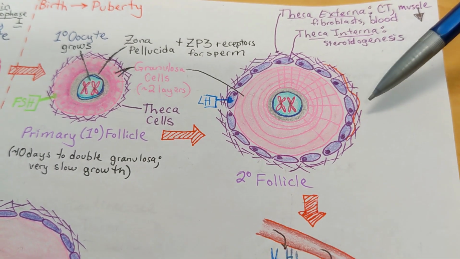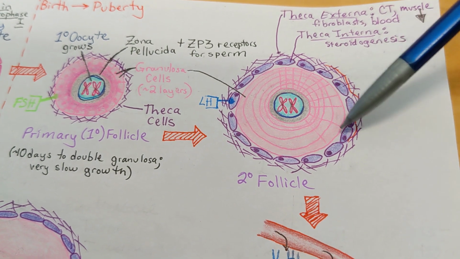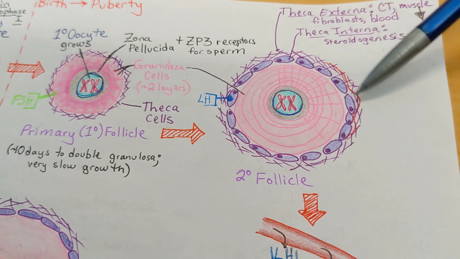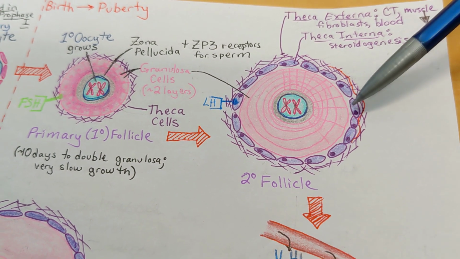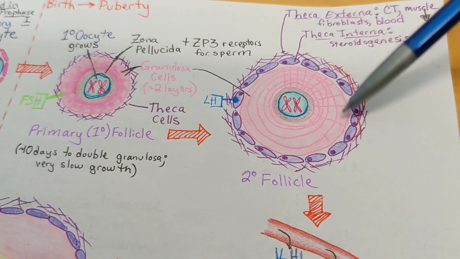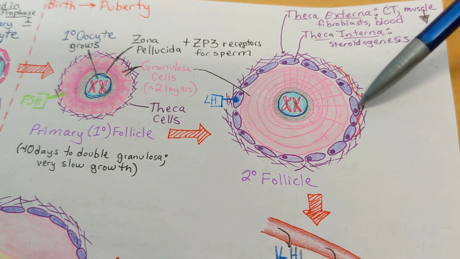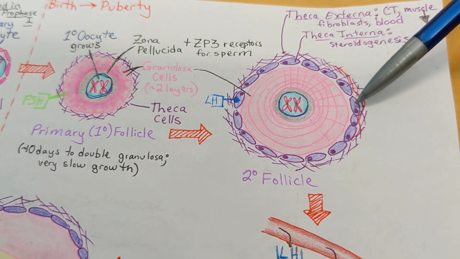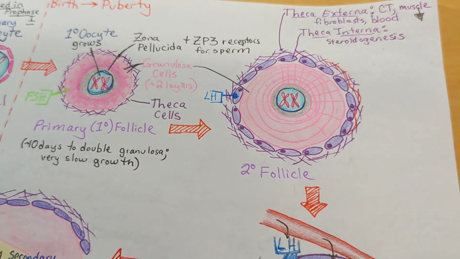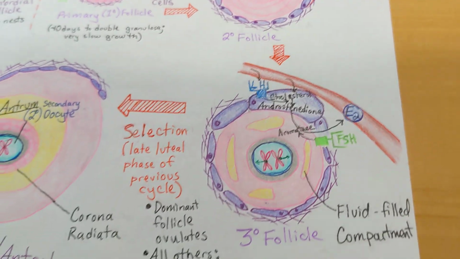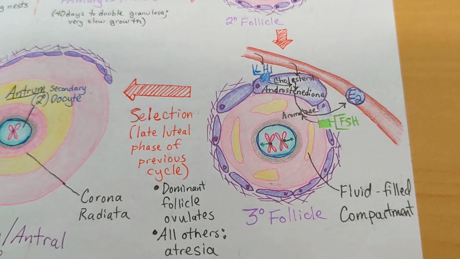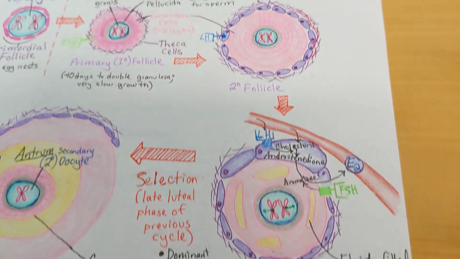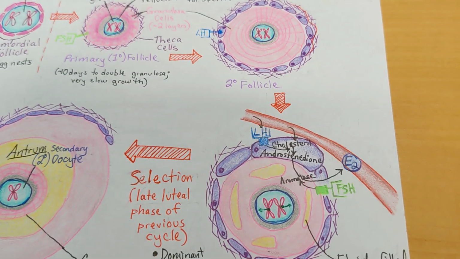Also note that these blood vessels are so far away from the granulosa cells that cholesterol really doesn't get down to them. So essentially any steroids that the granulosa cells make must first be started from cholesterol in the theca cells. And so that leads us to talking about the development of the secondary follicle into a tertiary follicle.